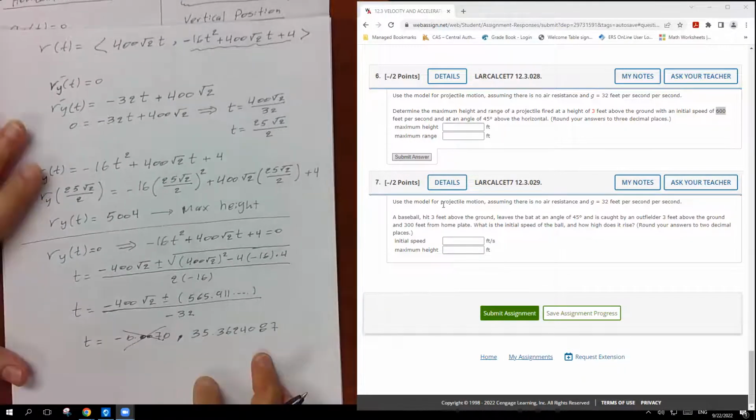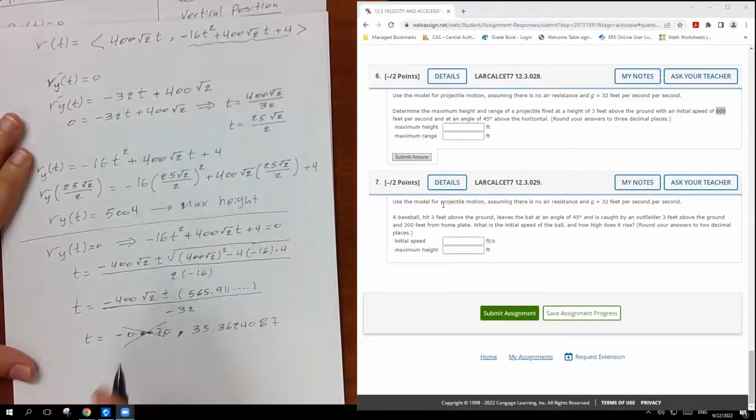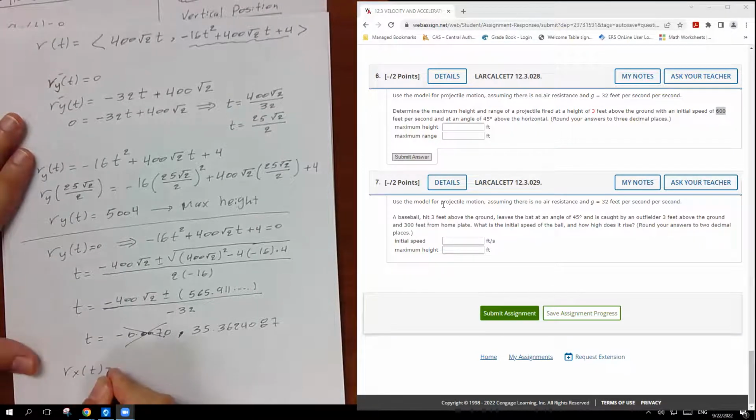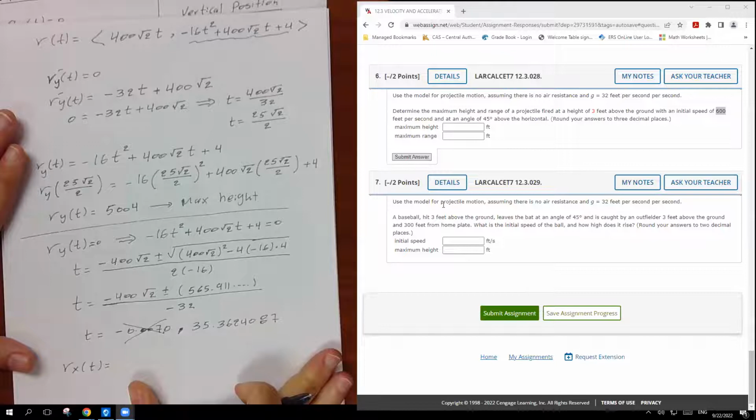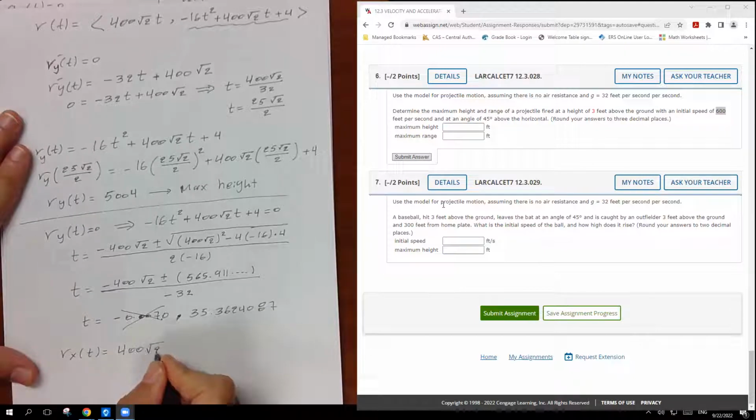So now I'm going to go back to R sub x, which is going to be the range. So the range R sub x at the time is going to be equal to 400 square root of 2 t.